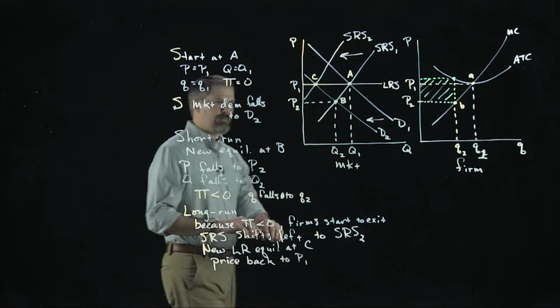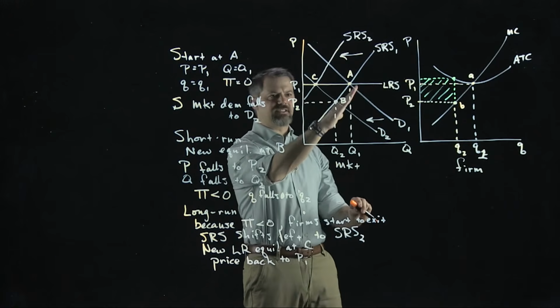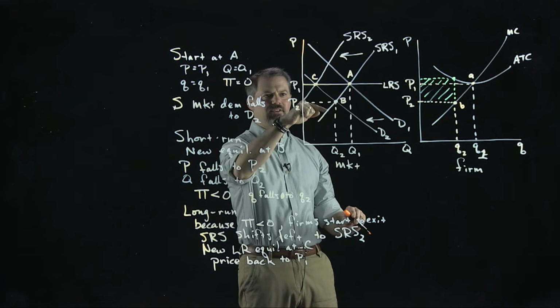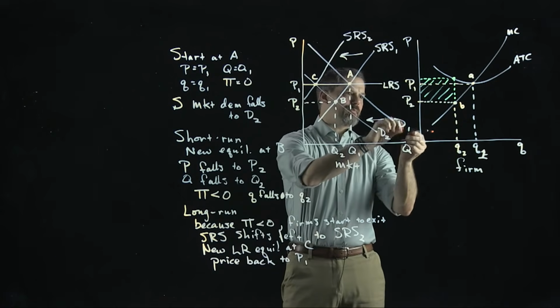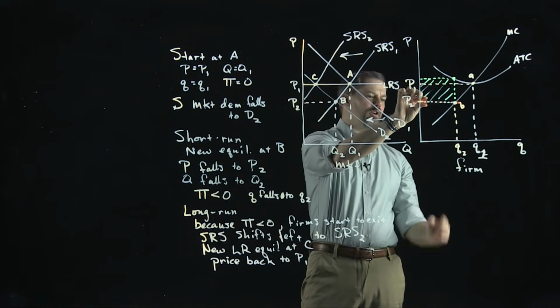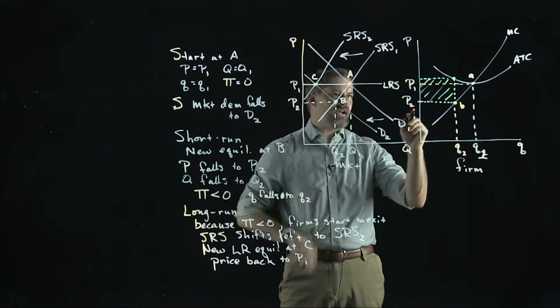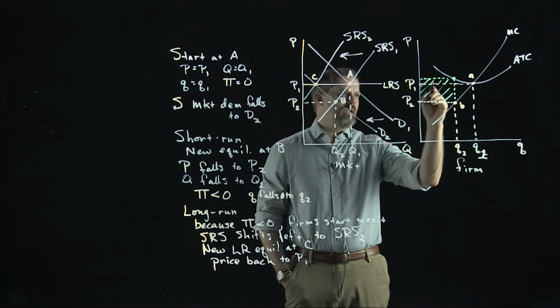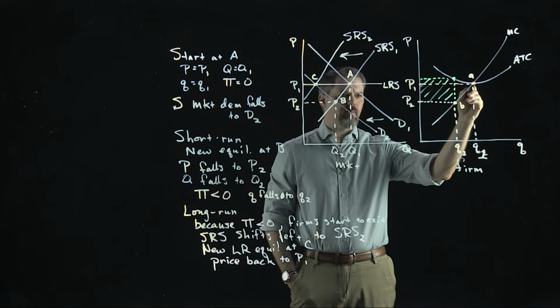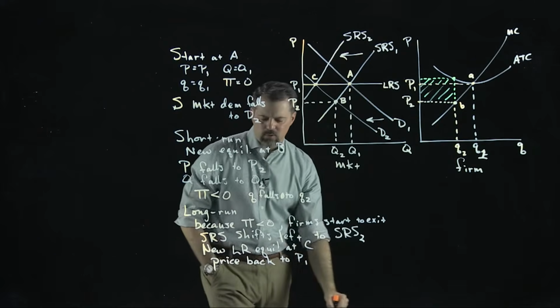That means, let's think about how each of these firms, as the supply curve shifts to the left and brings price back up, as price increases, firms are going to be increasing their quantity back up to q1. So when price goes back to P1, each of the firms is right back to point A, producing quantity q1.